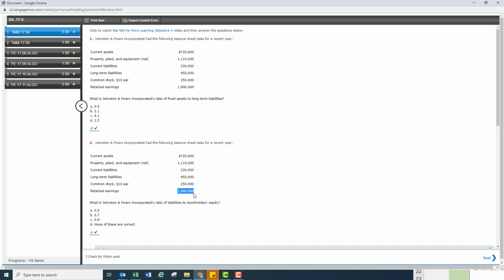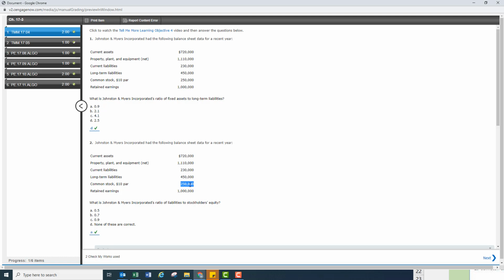So 1 million, as well as common stock, 250,000. That is also a part of stockholders' equity. This is the amount that the business has, money that they have by issuing common stock to shareholders. Shareholders purchase a share, and the company gets this money.